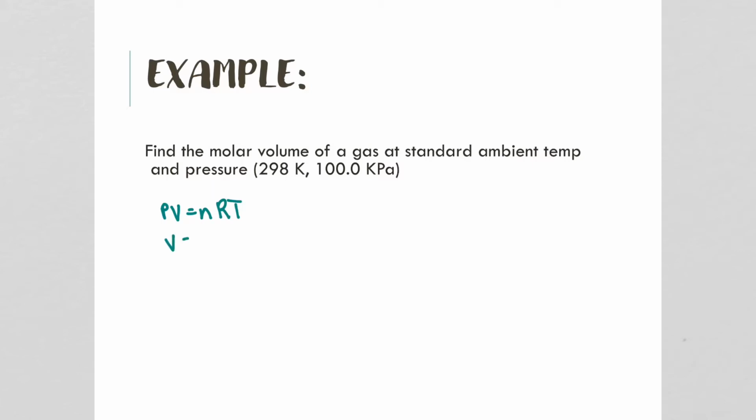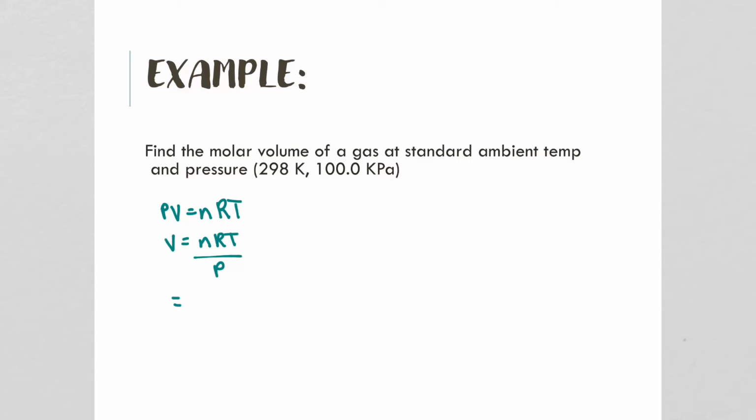So V equals nRT over P. We need to make sure that our units are in the right format. First of all, we have kilopascals and Kelvin, so those are fine.